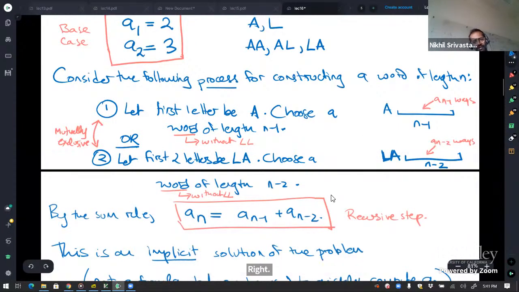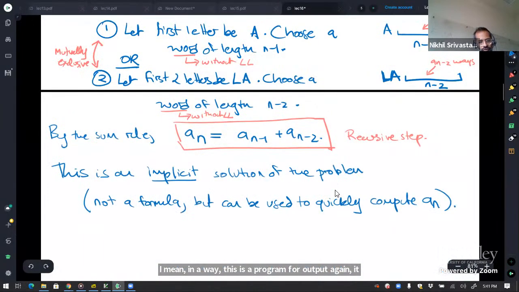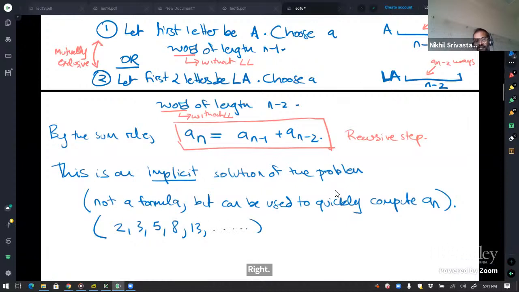I mean, in a way, this is a program for outputting A sub n. It's saying that you start with 2 and 3, and you generate the sequence, right? So you have 2, 3, 5, 8, 13, et cetera, right? And it's not an explicit formula, but it's pretty good. It can be used to efficiently compute the number.